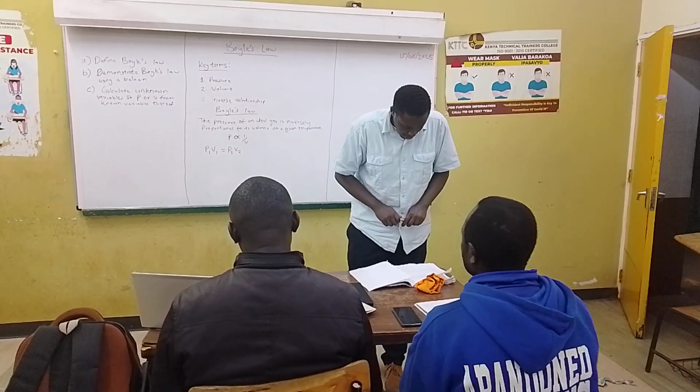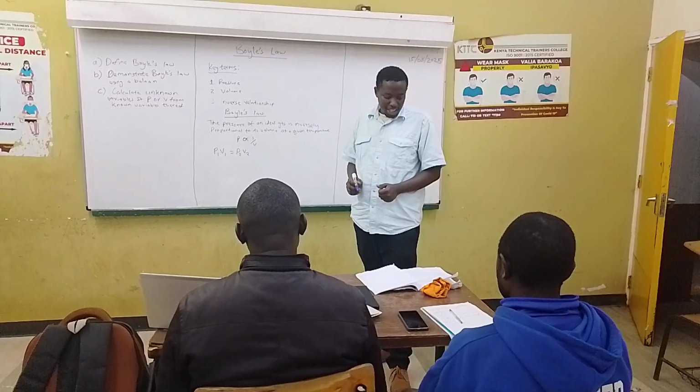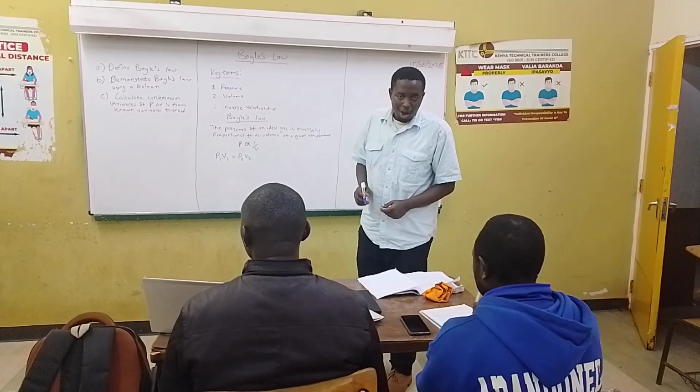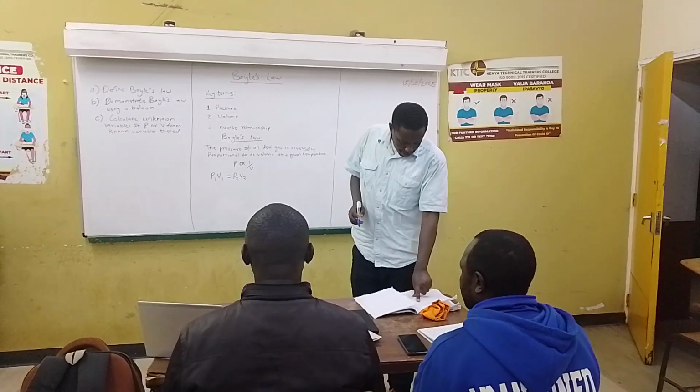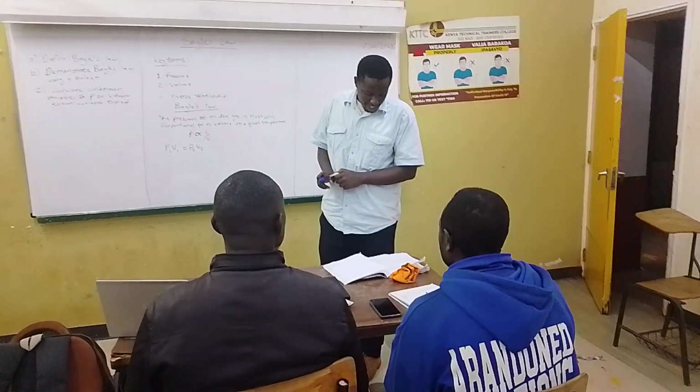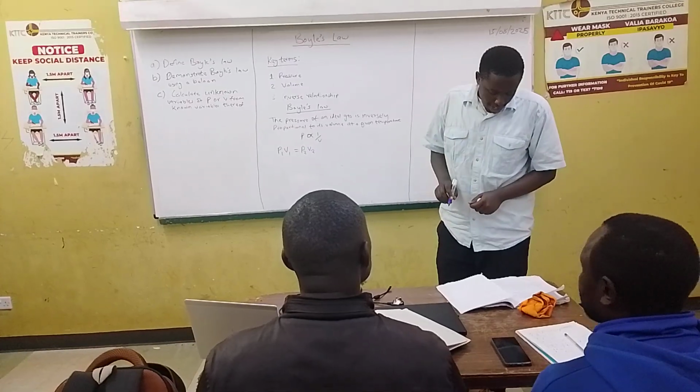So let's do one example. A balloon contains 2.0 liters of gas at a pressure of 1.5 atmospheres. If the balloon is compressed to a volume of 1.0 liter while keeping the temperature constant, what is the new pressure?